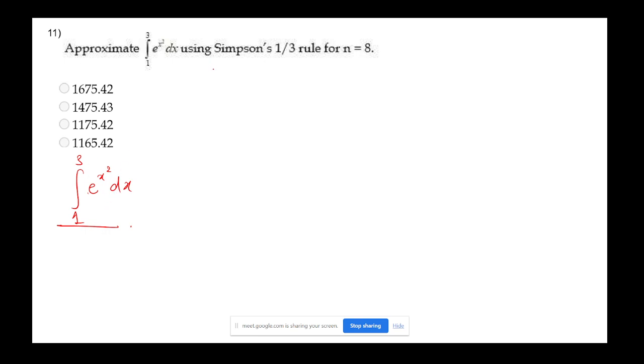Another, here you are asked to solve it with Simpson's 1/3 rule. Okay, so you are given n as 8. So for an even number of terms, you cannot apply Simpson's rule. So let's do it with trapezoidal rule.